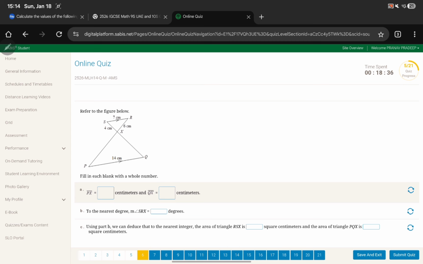Now, once we have that understood, we can identify that SR is half of PQ, right? 7, and here it's 14.